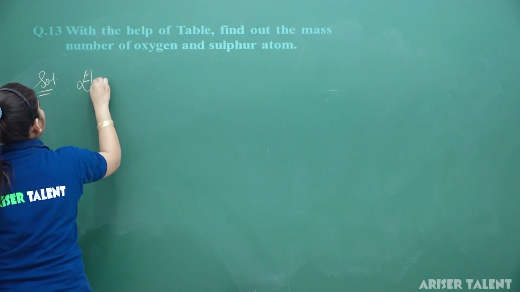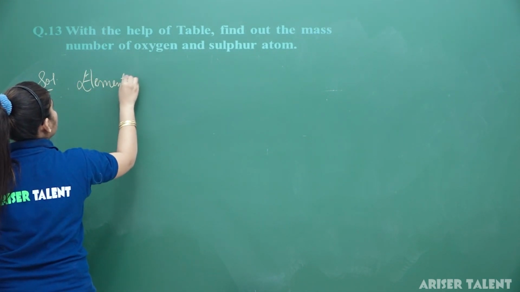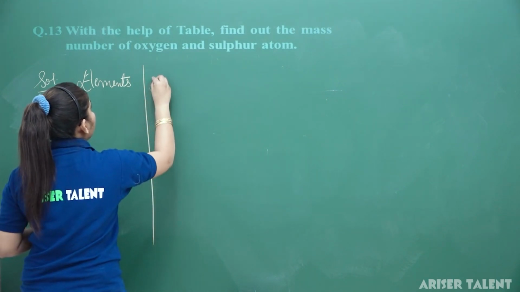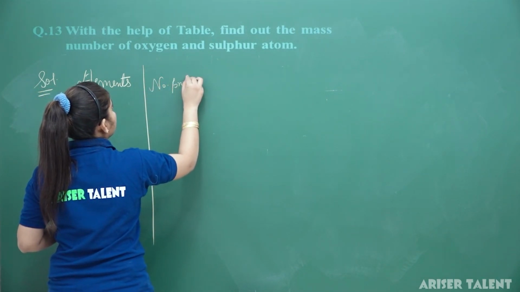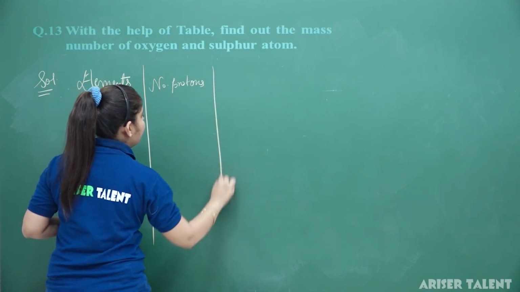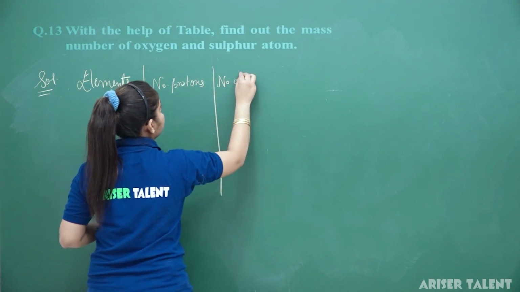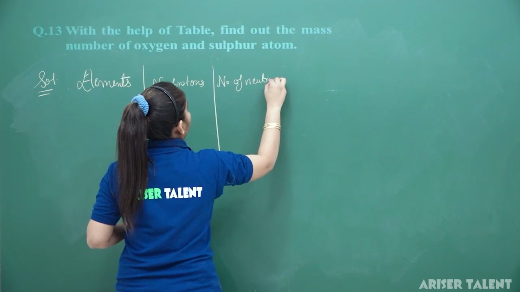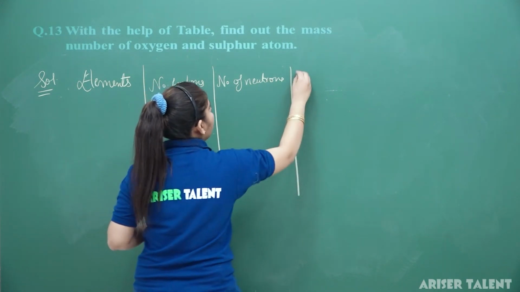We are given 2 elements. Firstly, we will write the number of protons. Then we will write the number of neutrons. Next, we will write the mass number.